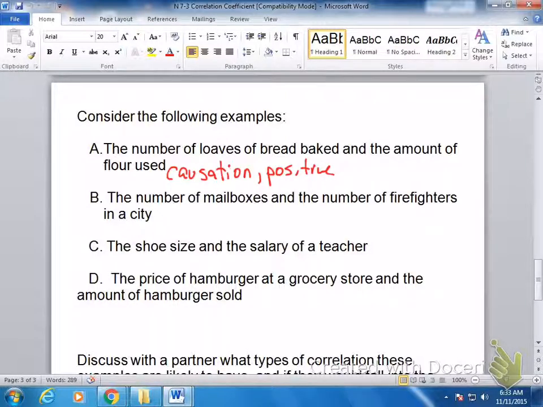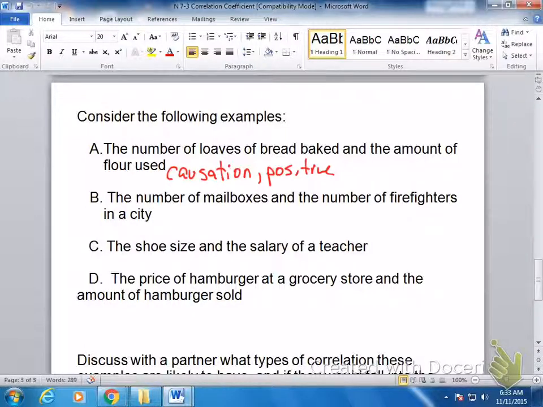So these can be kind of tricky, you really have to think about it. It says the number of mailboxes and the number of firefighters. Now, that might not seem to be two really interconnected things, but the more mailboxes you have means the higher population, and the higher population you have means you have more firefighters. So they're sort of associated, but they're sort of not.